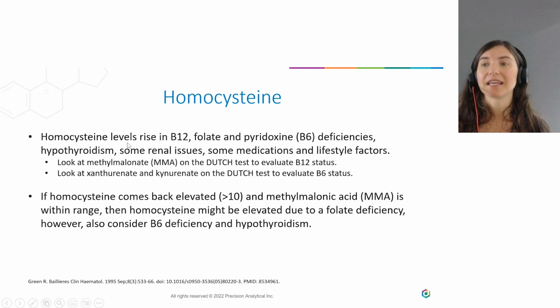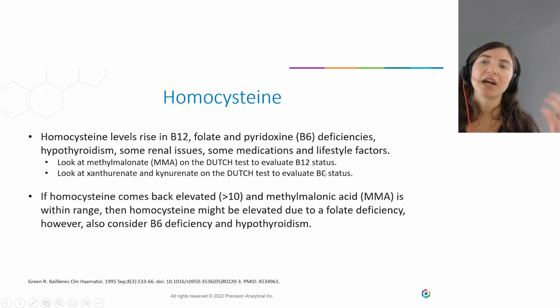So homocysteine rises with low B12, low folate, low B6 deficiencies, hypothyroidism, some renal issues, some medications, and lifestyle factors. We can look at the methylmalonate on the Dutch test to evaluate B12 status. We can look at the xanthurenate and the kynurenate on the Dutch test to evaluate B6 status.